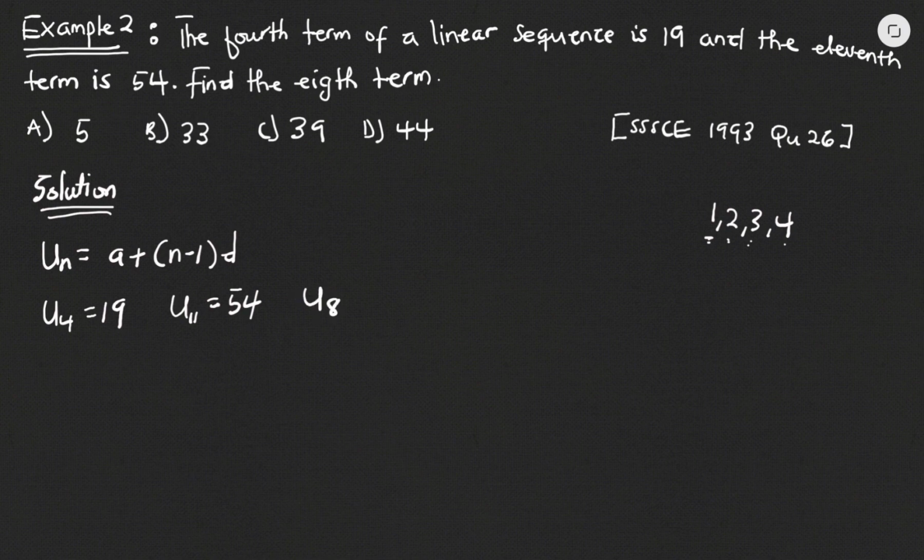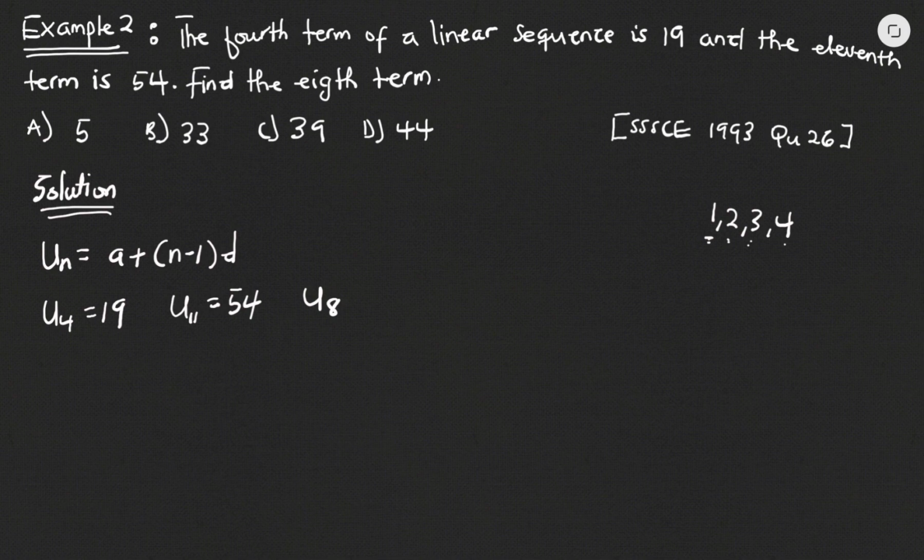Now all we have to do is put this into the equation and find the first term a and the difference d, and then use those to find the eighth term. As it stands right now, we don't know the number that starts the sequence, and we also don't know the difference. But we can find the eighth term if we know the first number and the difference between the numbers.